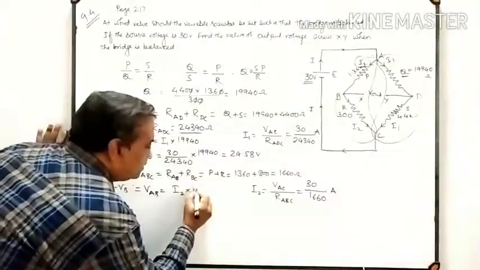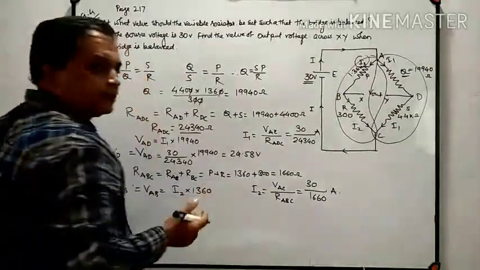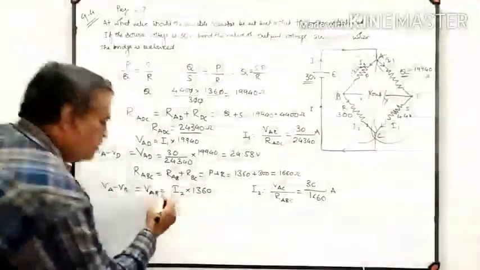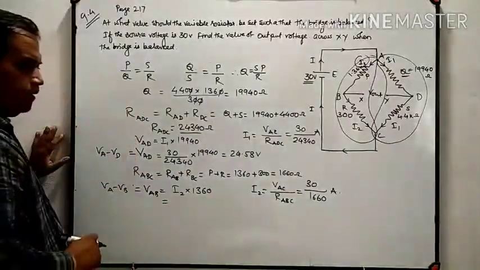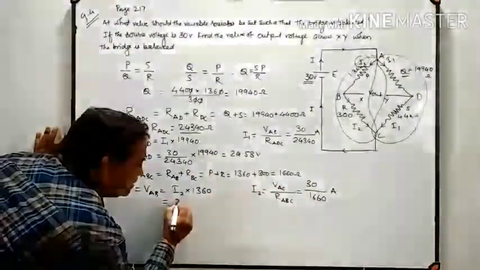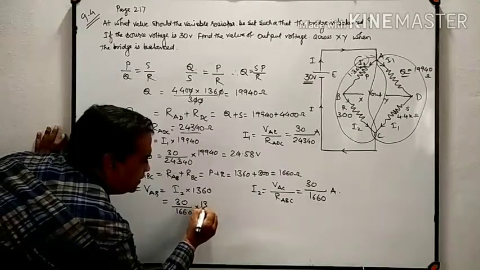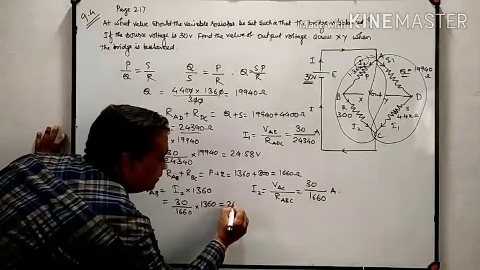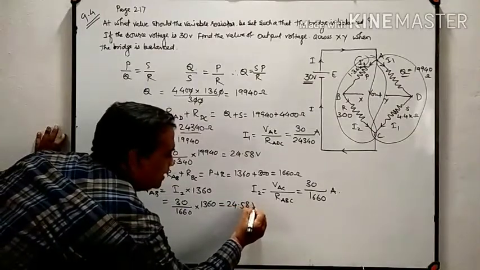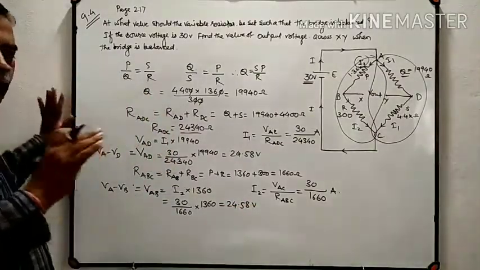Resistance is 1360, or this is equal to value of current I2, 30 divided by 1660 multiplied by 1360. Again, if you calculate this, it comes to be 24.58 volt.